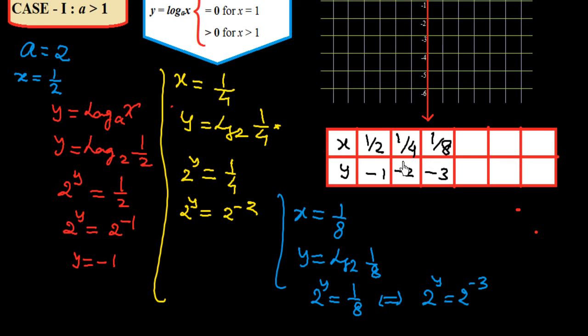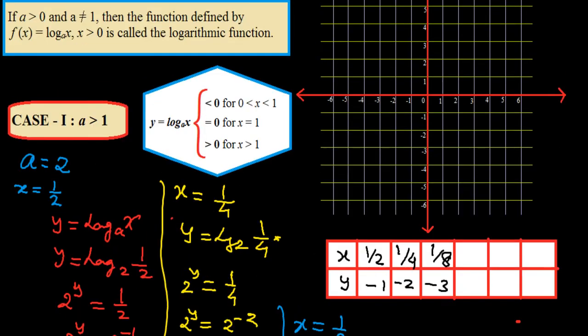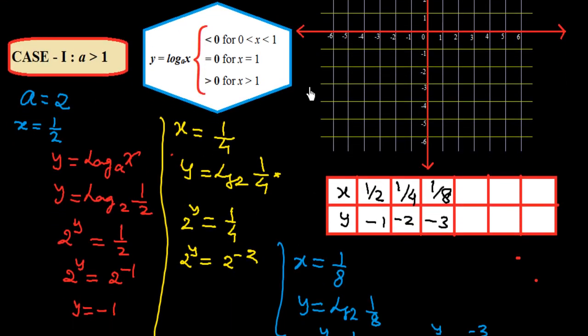If a is greater than 1, a is 2, and x is between 0 and 1, so we have taken this value. So now we plot these points here.